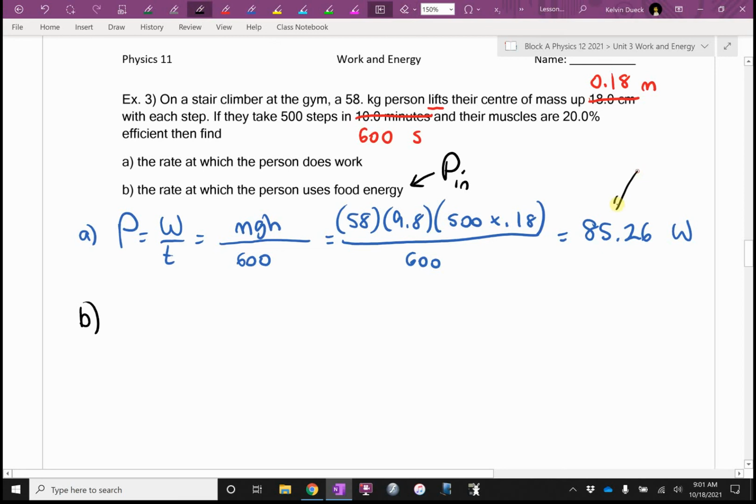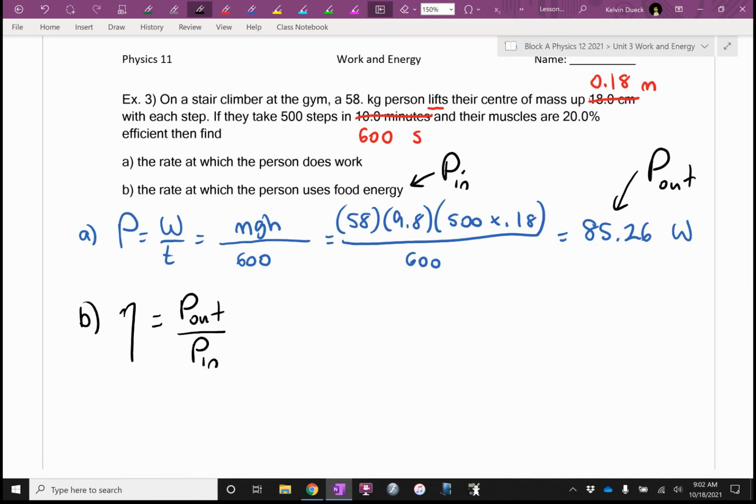This here is the power the person got out of the exercise. I think what we're going to go with is efficiency is going to be power out divided by power in. Technically times 100%, but instead of doing that, I'm going to convert the 20% back to a decimal as 0.2.